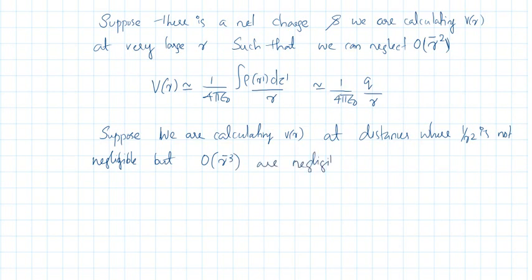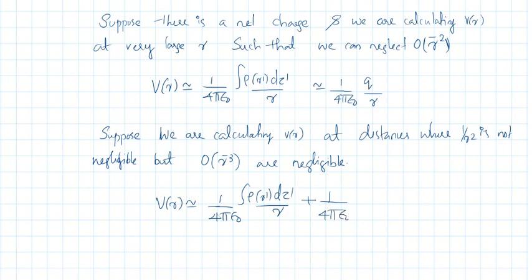If r raised to minus 3 order terms are negligible, then you will get V of r approximately as 1 by 4 pi epsilon 0 integral rho of r prime d tau prime divided by r plus 1 by 4 pi epsilon 0 integral rho of r prime cos theta d tau prime divided by r square. How to retain two terms?